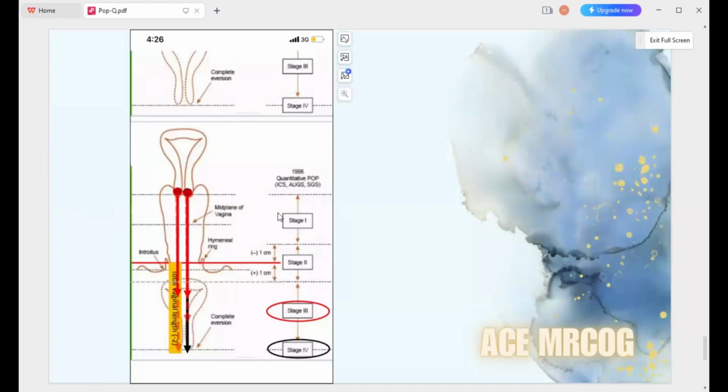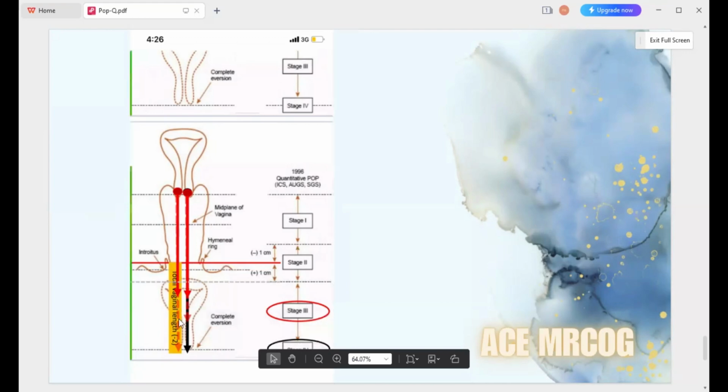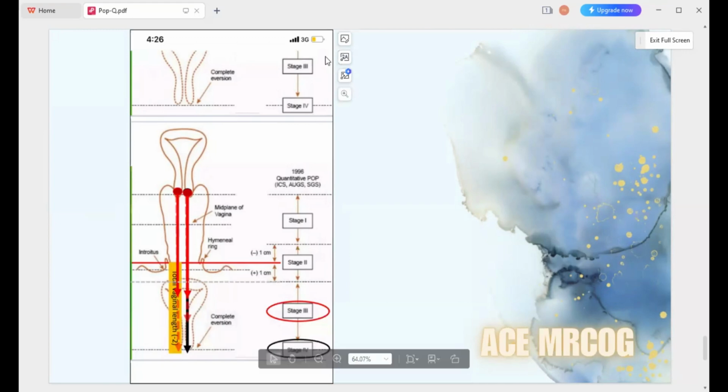And behind that is stage number 1. And far away from that is stage number 3, and the complete eversion is stage number 4. When we talk about stage 4, it is basically the total vaginal length minus 2, which means that if the total vaginal length is 10 centimeter, then at least 8 centimeter of the uterus is outside, or sometimes it can be 10 as well.